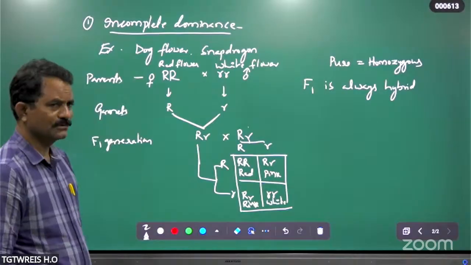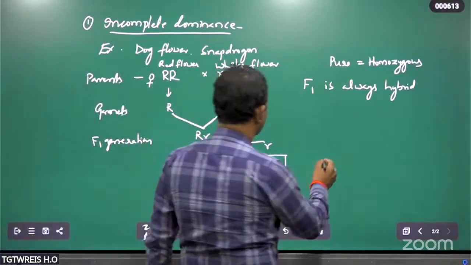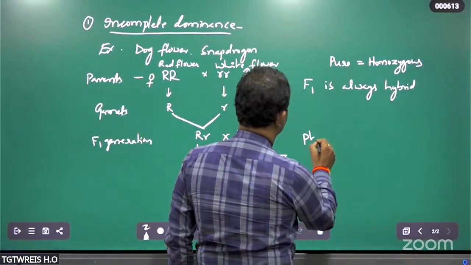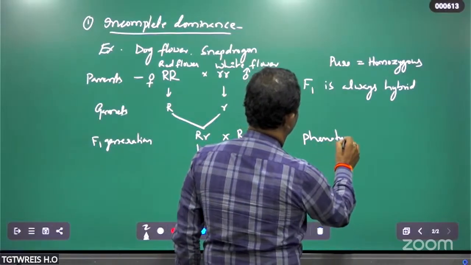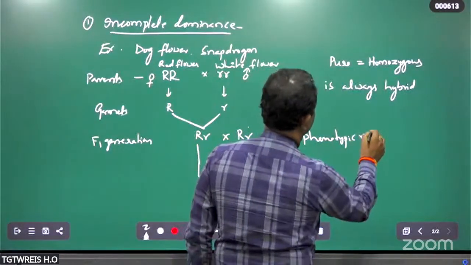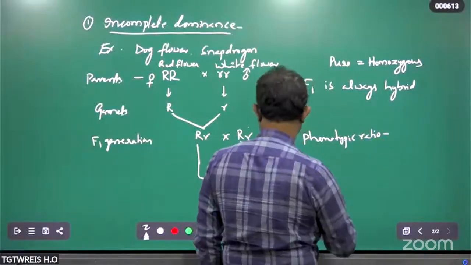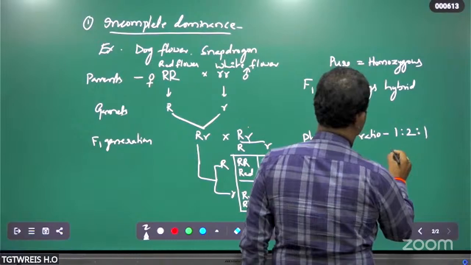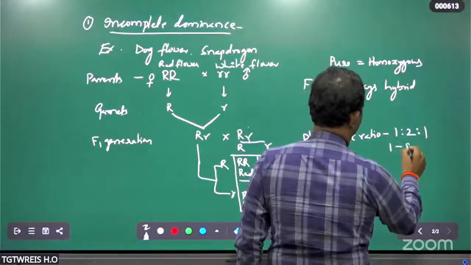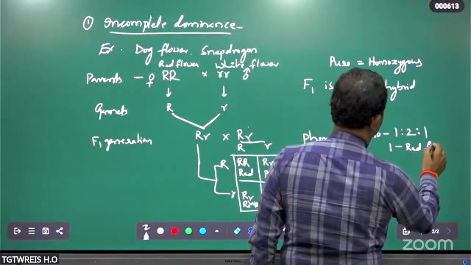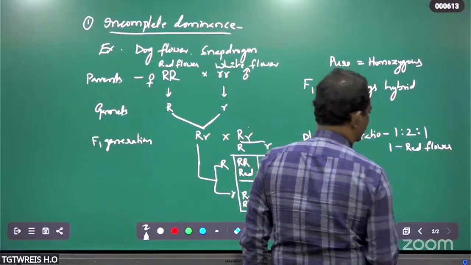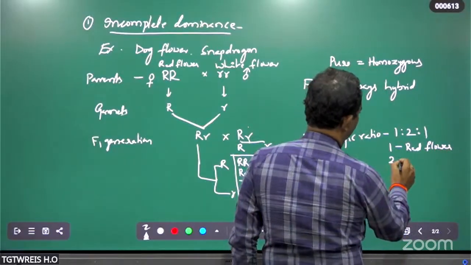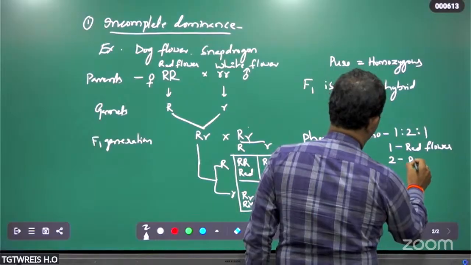The genotypic ratio as well as the phenotypic ratio is 1:2:1. One is red flower plant, and two is pink color plant.